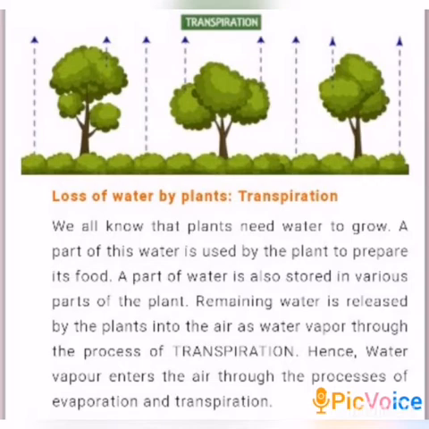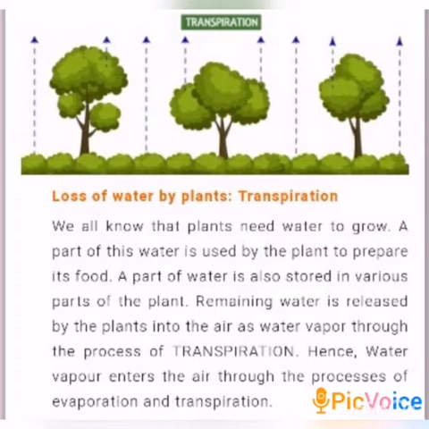The loss of water from plants through numerous pores in leaves and stem is called transpiration. So, water vapor also comes through this transpiration process. Hence, water vapor enters the air through the process of evaporation and transpiration.